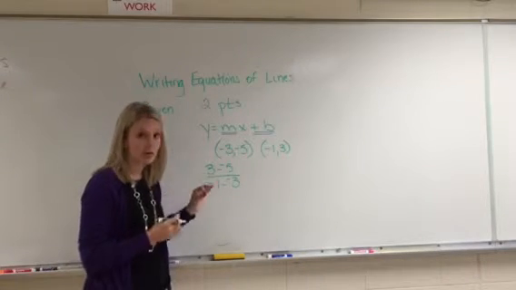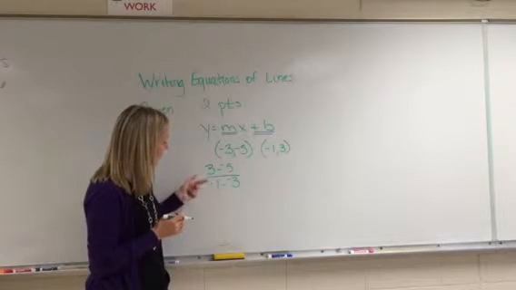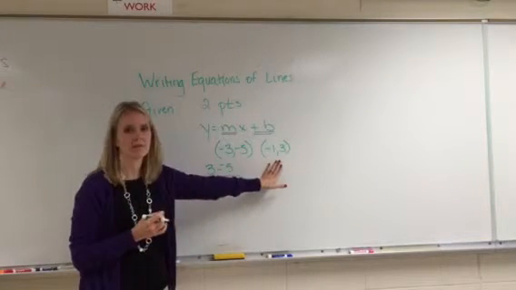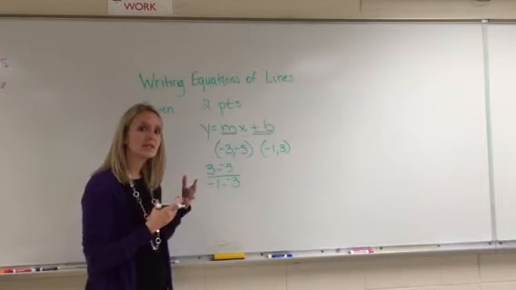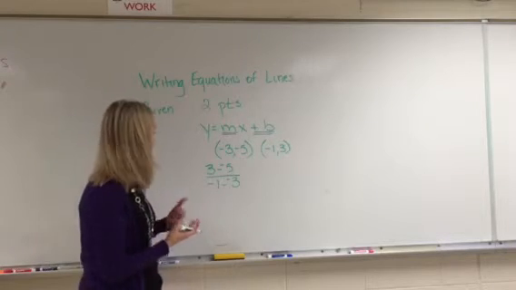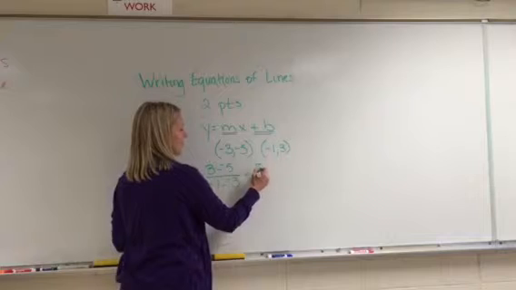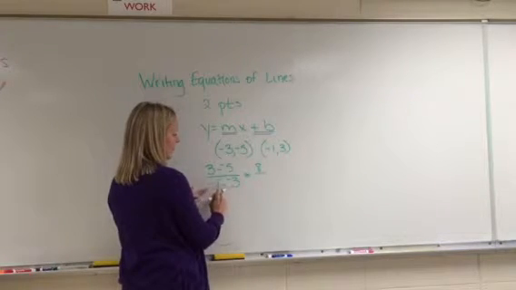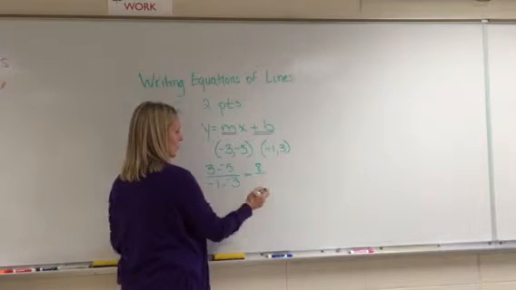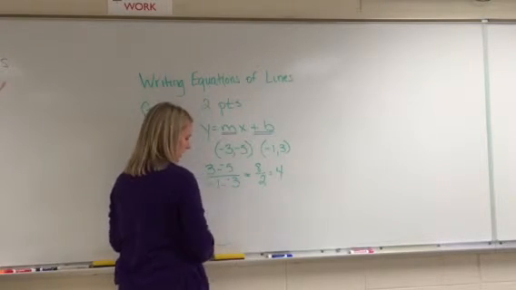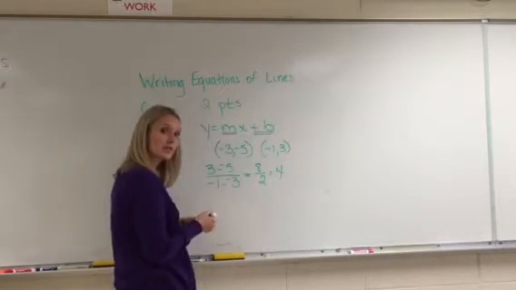What is critical is that these two values are from the same ordered pair. This y and this x come from the same ordered pair. If you mix those up, you will not get your same slope. So 3 minus -5 gives me 8. -1 minus a -3 gives me a +2, which tells me now that my slope is 4.